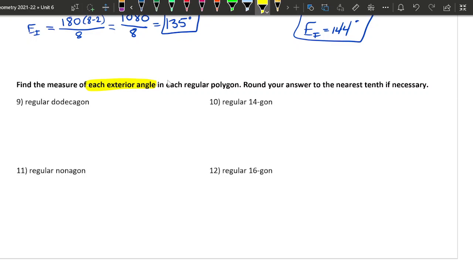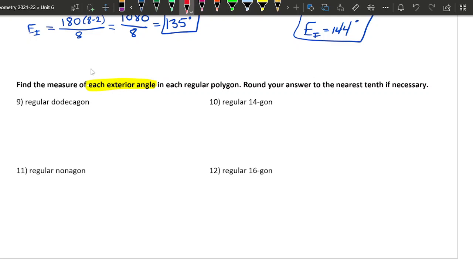Remember I said whenever we did the exterior angles, it's circumscribing the figure. So you're drawing a circle around the figure. So it doesn't matter what the figure looks like, you're drawing a circle around it. And a circle has 360 degrees. So the sum of all exteriors, since on all of them we're drawing a circle around it, is 360. The sum of the exterior for all polygons is 360.